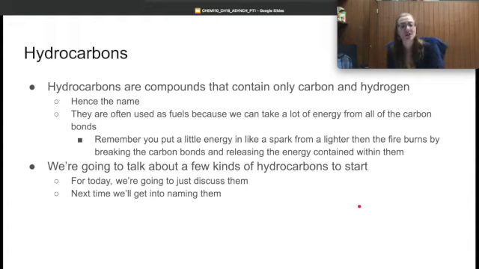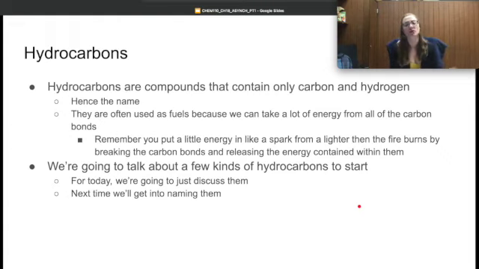So hydrocarbons are what we're going to be talking about for most of our time, which are compounds that contain only carbon and hydrogen. Hence the name. Hydro, hydrogen, carbon, hydrocarbon, right? These are often used as fuels. We're going to be talking about lots of different ways we use hydrocarbons, but one way is as fuels because we can take a lot of energy from those carbon bonds.